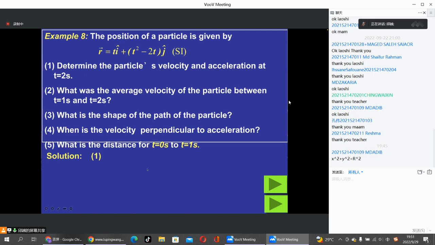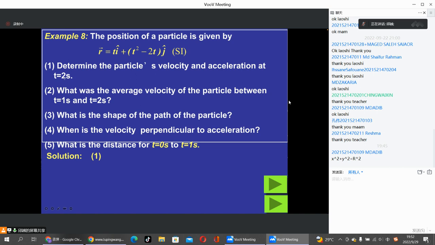Okay, here we come to example 8. The position of a particle is given by r equals t i and t squared minus 2t j. Problem 1: determine the particle's velocity and acceleration at t equals 2 s. This is quite simple.